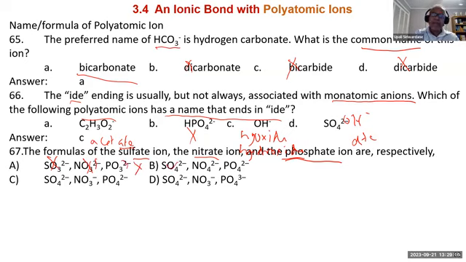Sulfate is correct, nitrate is correct, phosphate is 3 negative, therefore that's incorrect. So therefore this whole collection is incorrect. Now sulfate is correct, nitrate is correct, phosphate is correct. You check in the table that we've gone over. The answer to that question is D.